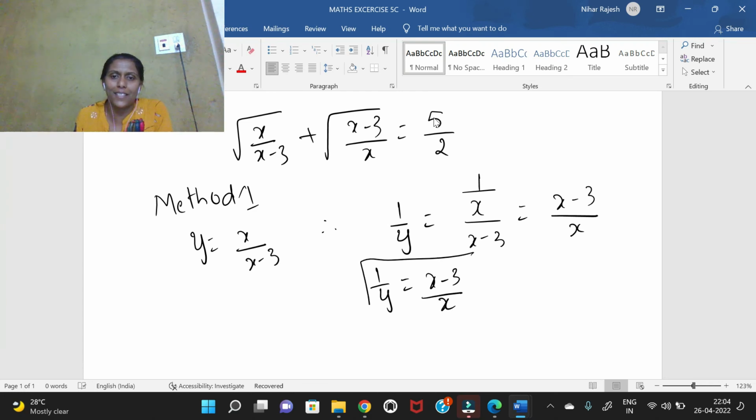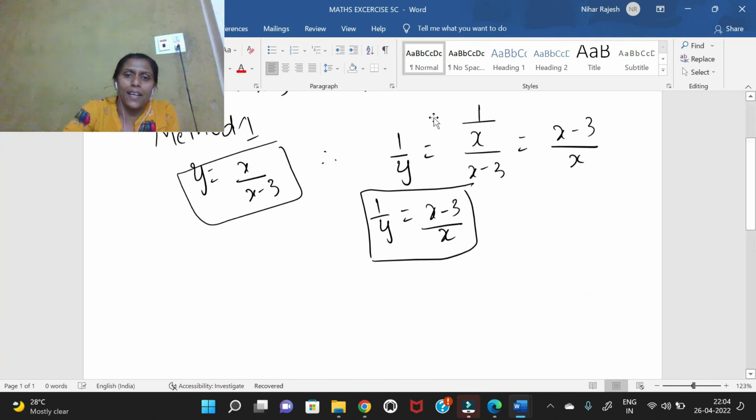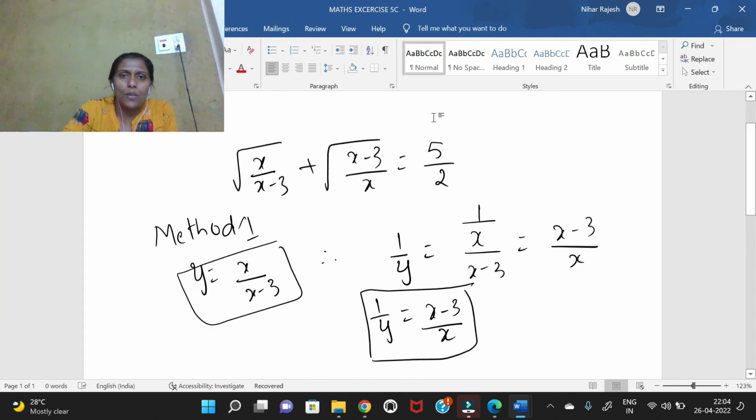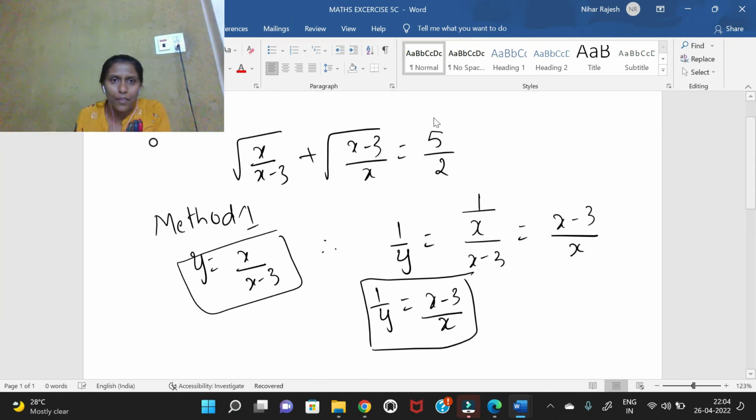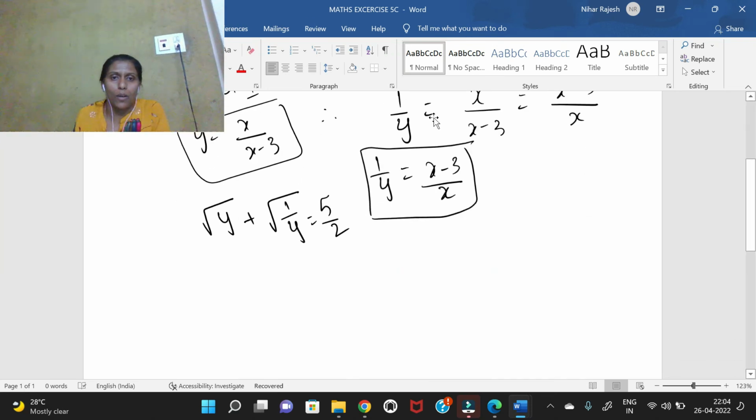It is just the reverse of what was mentioned for y. Done. Next, what you have is the root. So this is root y plus root of 1 by y is equal to 5 by 2. Right? Okay. Then what should be the solution?